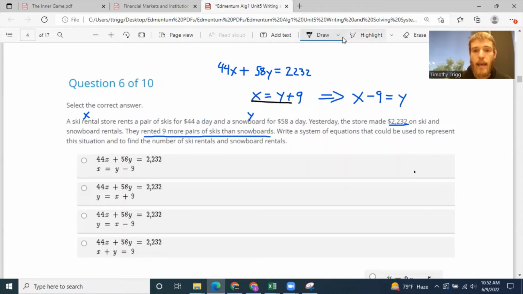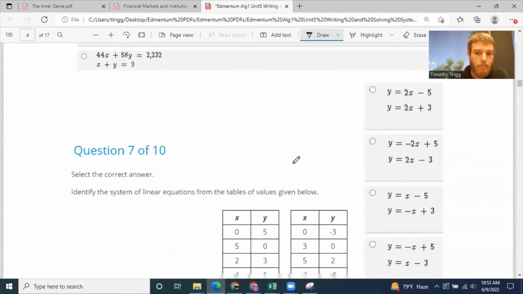I can, in this case, subtract 9 on both sides of the equation to get this new equation. So in this case, here's what they're looking for. A little bit tricky, but just keep in mind that there might be more than one way to write the correct equation.